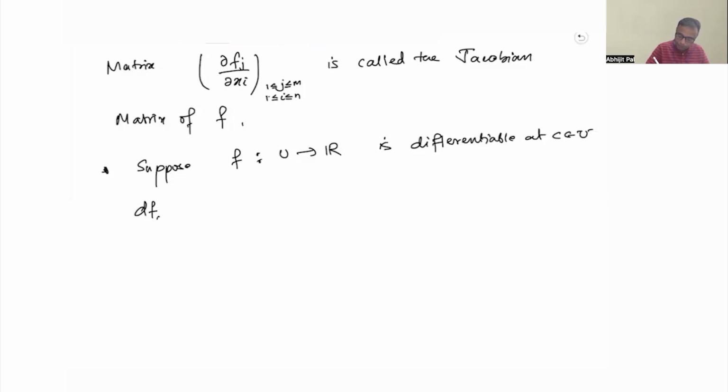You take the differential of this f at the point c, and what you'll get is this matrix.